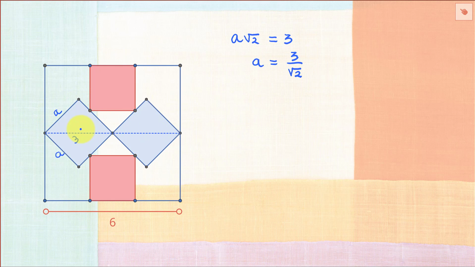The total area of the blue squares is twice a squared, twice 3 over square root of 2 squared. Now the square of 3 over square root of 2 is 9 over 2. So times 2, we get 9.